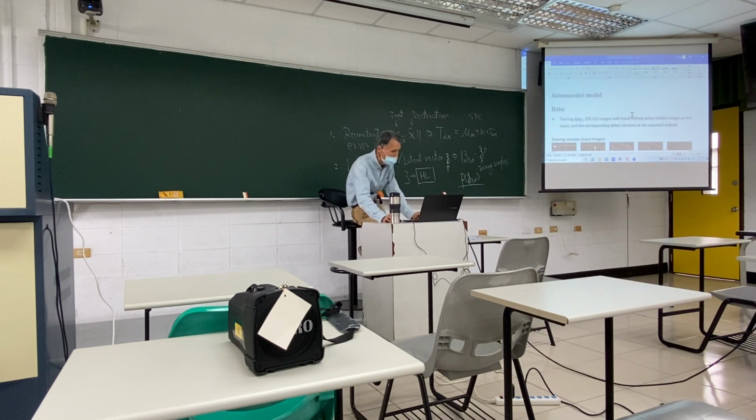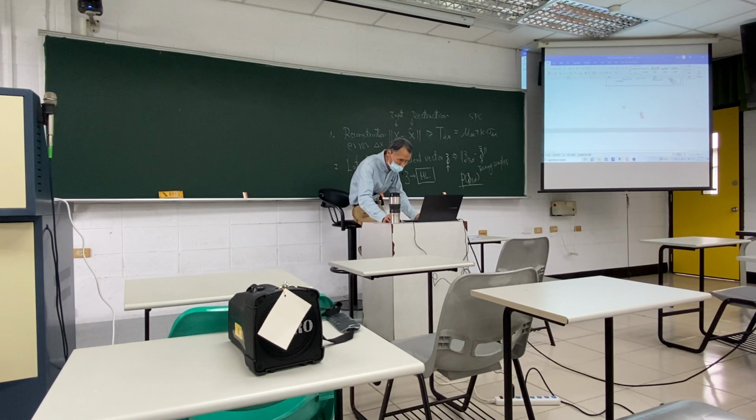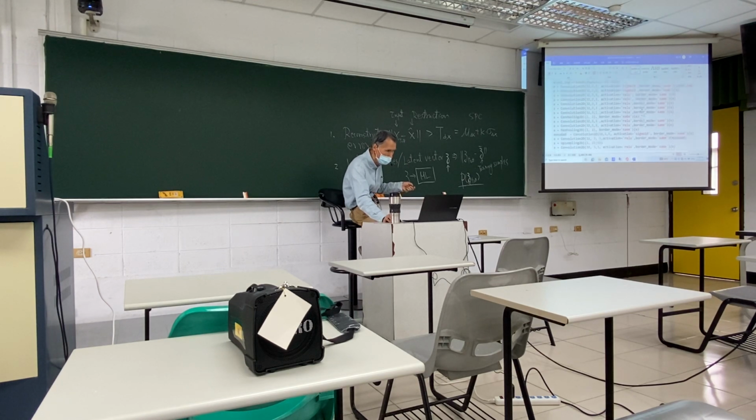That's the idea. After page 32, all this information here is provided by the machine vision lab, from graduate students who graduated a few years ago. It gives you all the details of how you set up the network.